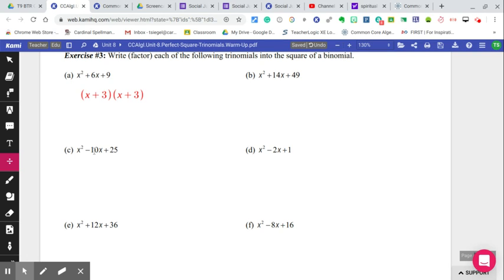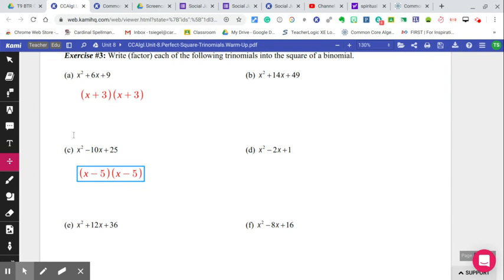You double it, the 5 doubled is 10. So this is a perfect square trinomial. So now I know I can factor like this: x minus 5 and x minus 5.